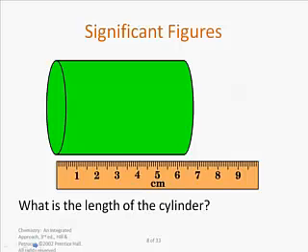In this case, our ruler is measuring in centimeters, and so we want to record the length of the cylinder in a way that reflects that our measuring device has marks for each centimeter, but also is incremented in a tenth of a centimeter as well.